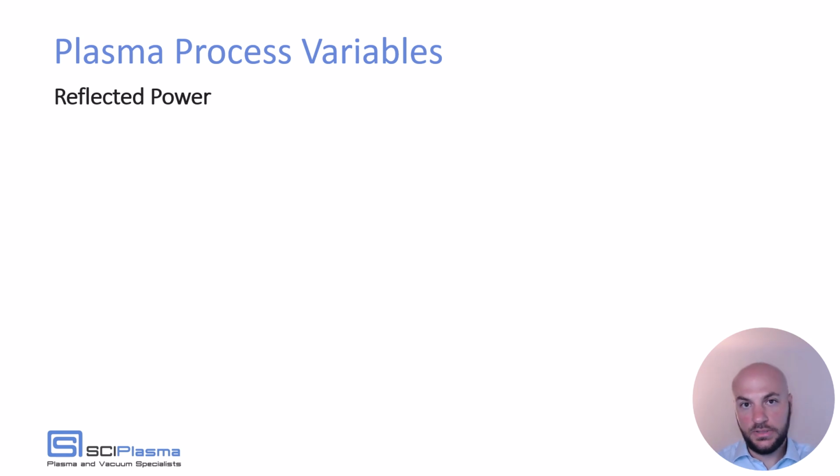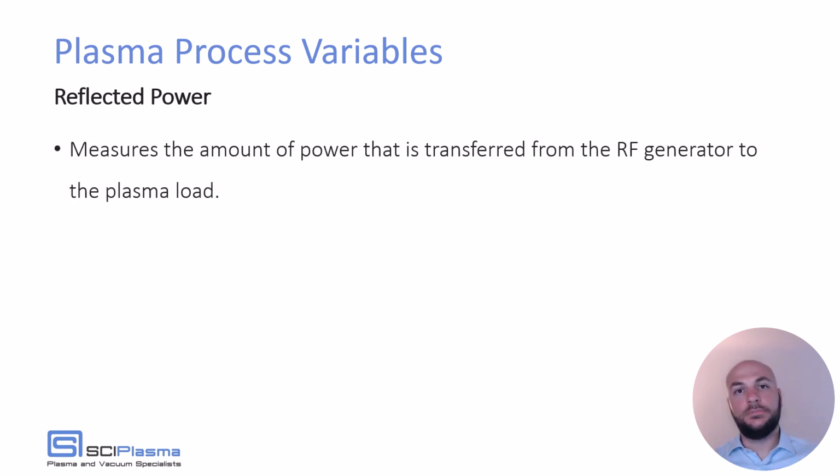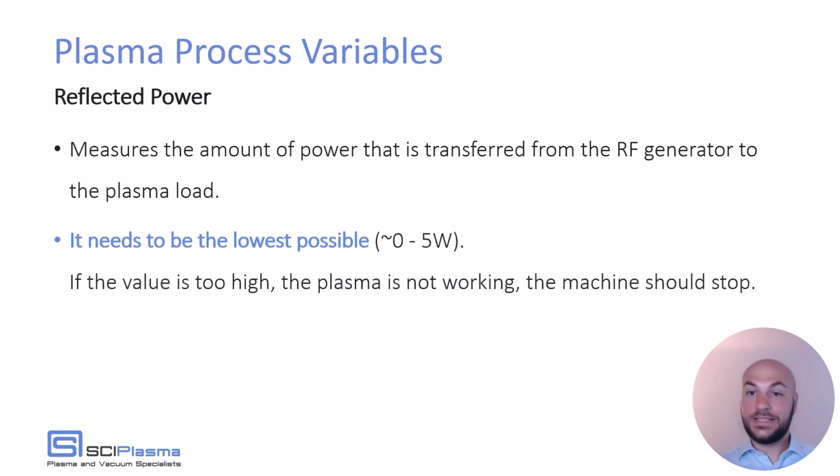If we talk about the reflected power, we measure the amount of power that is transferred from the RF generator to the plasma load. If, for example, we want to have 300 watt transferred and we get back 10, this is the reflected power. We want this value to be as low as possible, meaning that all the power we have decided to use for this plasma step goes into the plasma and cleans the product.